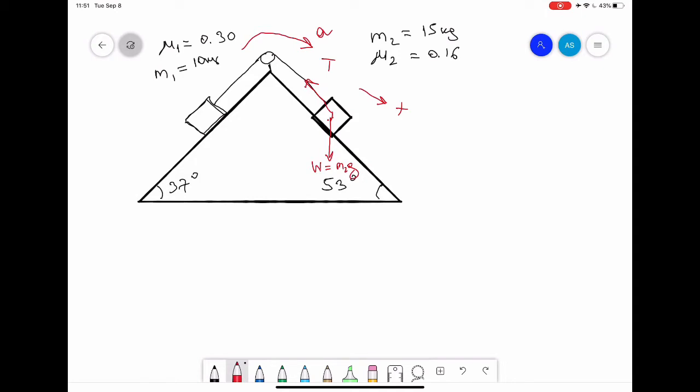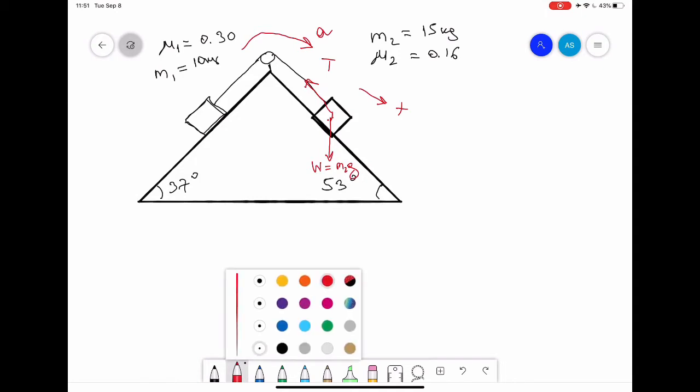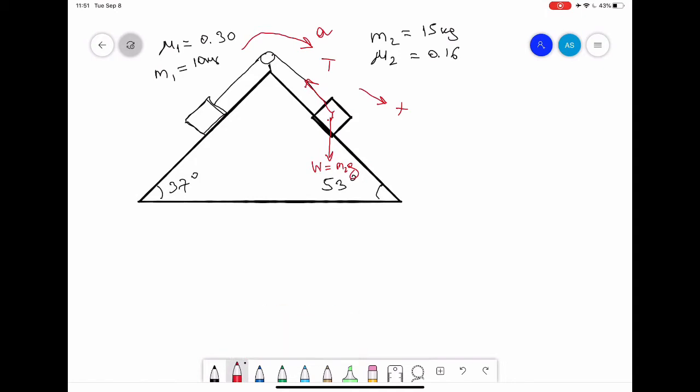Now, what else? We also have a normal force, which is perpendicular to the surface. Call it normal force 2. Then what else?